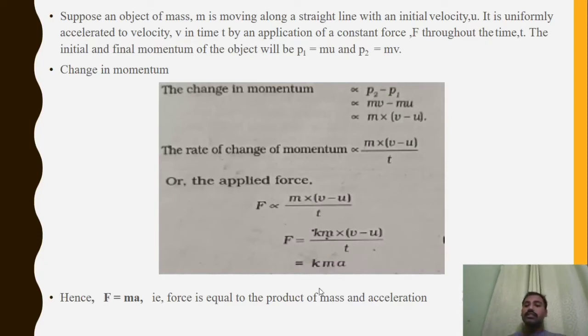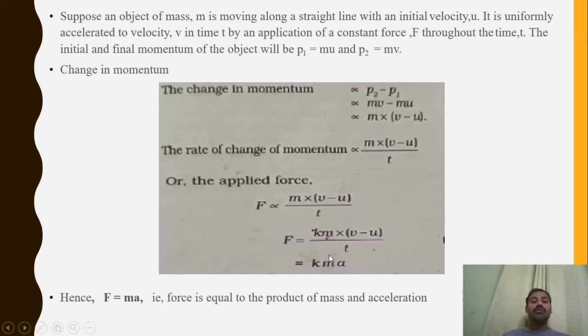Now (v minus u) by t is the rate of change of velocity, which is taken as a, the acceleration. Therefore, F is equal to k into m into a, where k is the proportionality constant, m is the mass of the object, and a is the acceleration of that particular object.